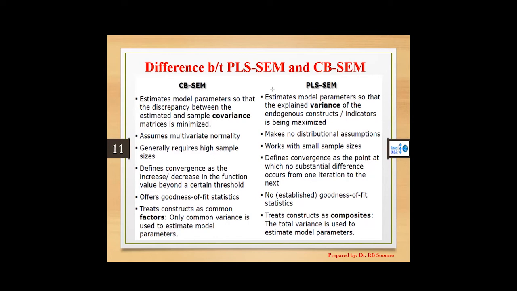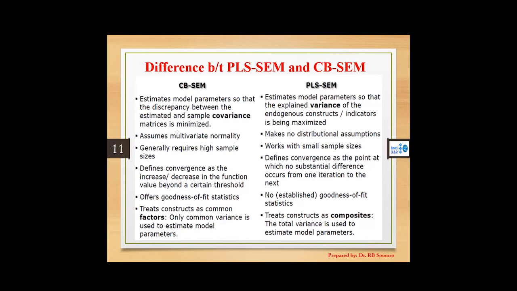On the other hand, PLS-SEM estimates the model parameters so that the explained variance, like the R square of the endogenous, meaning the dependent variable, is maximized. It makes no distribution assumption. If your data is non-normal, then PLS-SEM is a good approach.